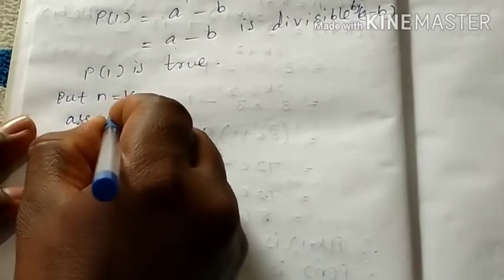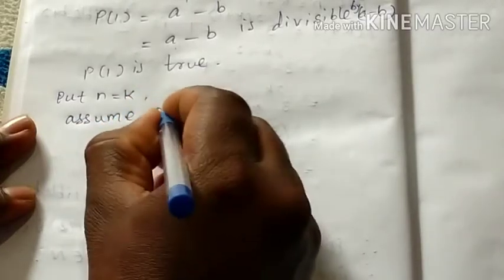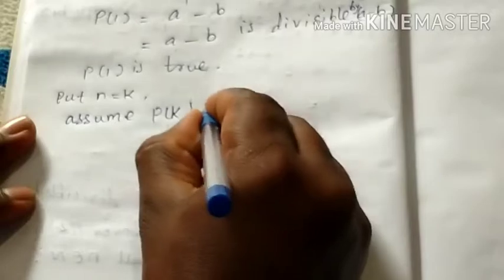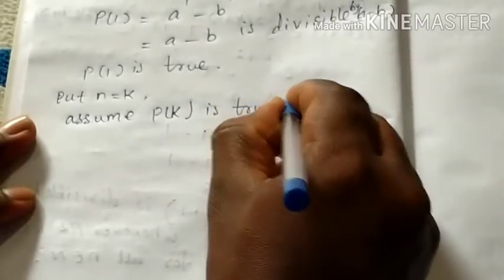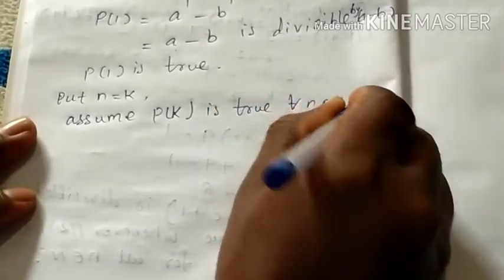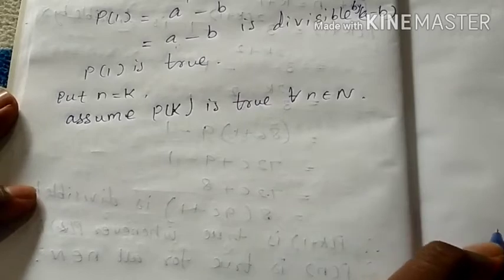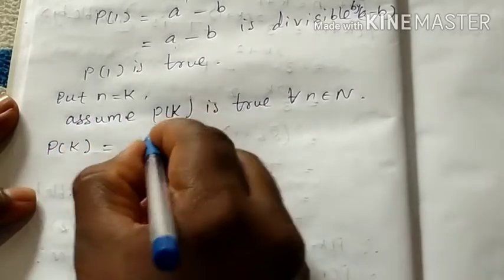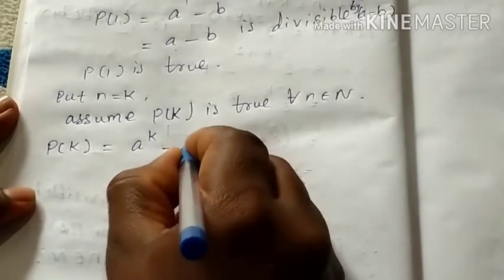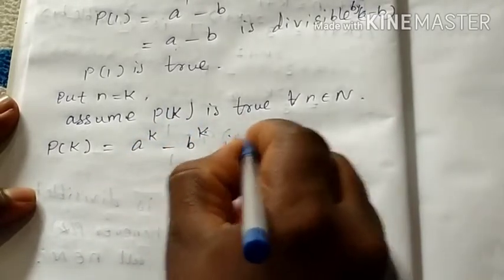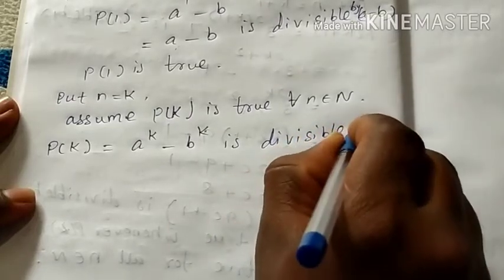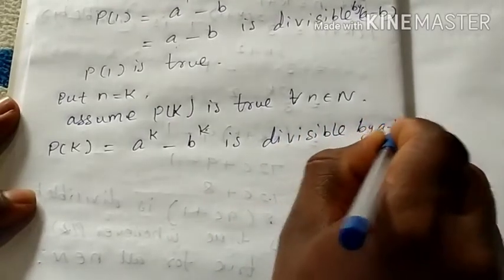Next put n is equal to k. Assume P of k is true for all n belongs to N. This is our assumption. So P of k equal to a power k minus b power k is divisible by a minus b.